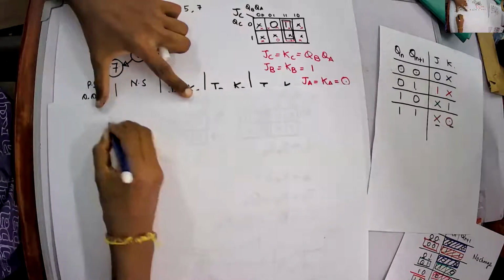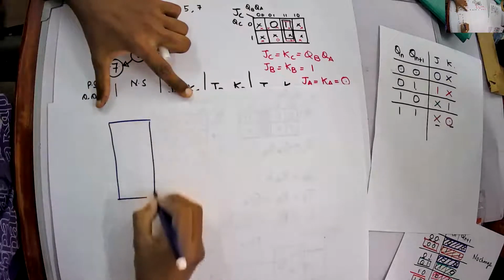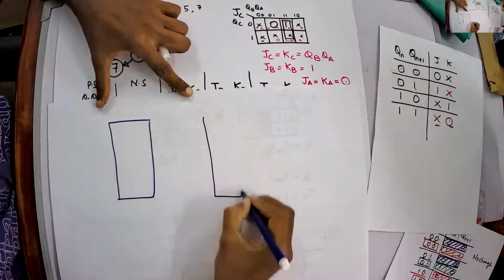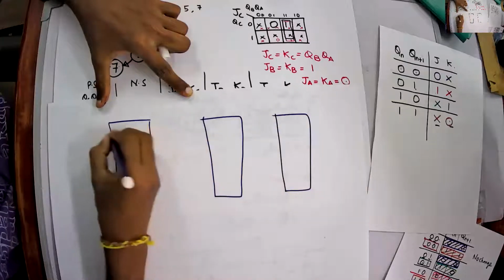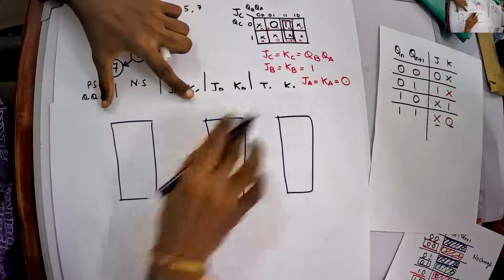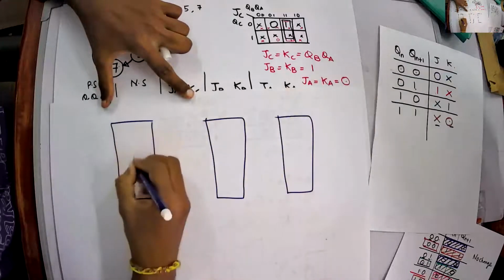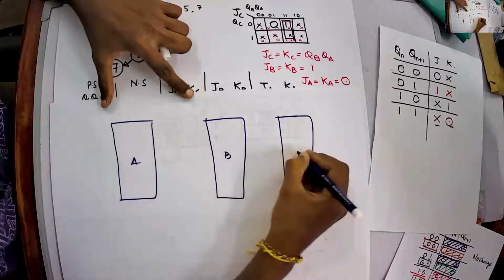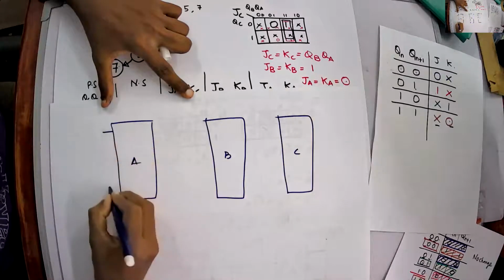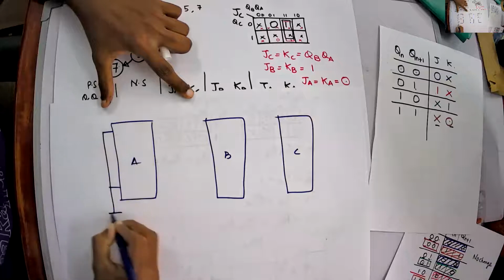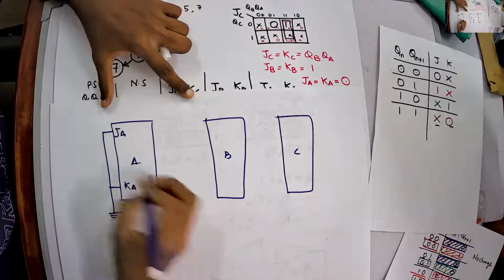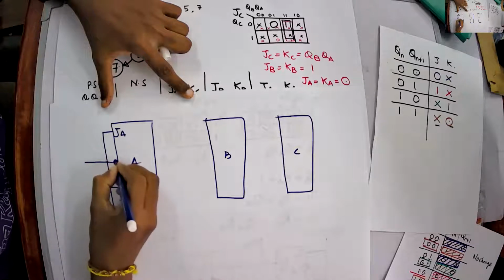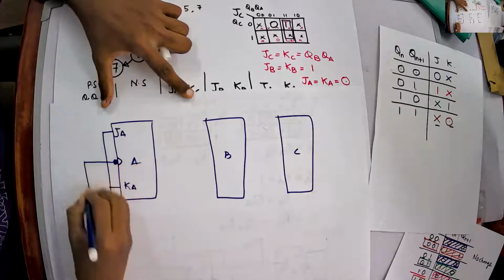So I have 3 flip-flops. My JA, KA equal to 0. This must be A, B, and C. JA, KA must be grounded. And then I have my clock.